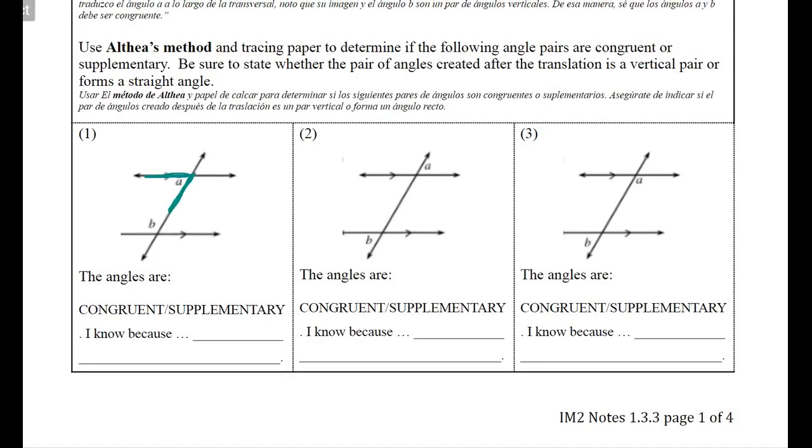I'm going to translate angle A down to a corresponding angle, and this angle is supplementary to angle B. Translating A to its corresponding angle, I know because translating A to its corresponding angle shows a supplementary relationship.